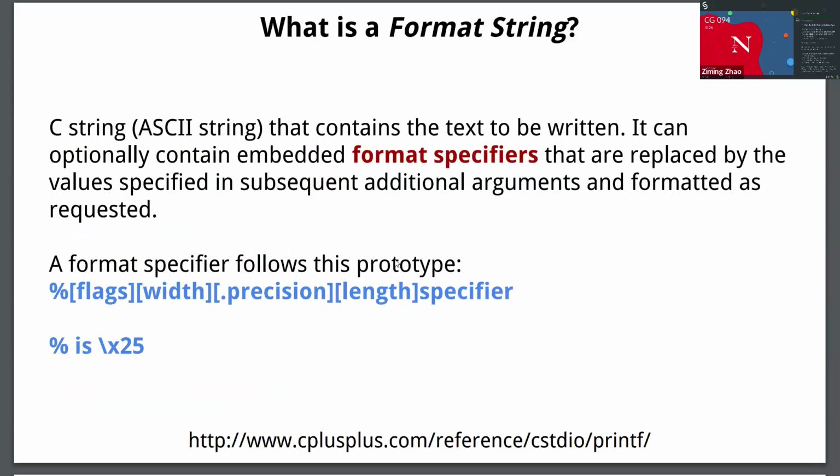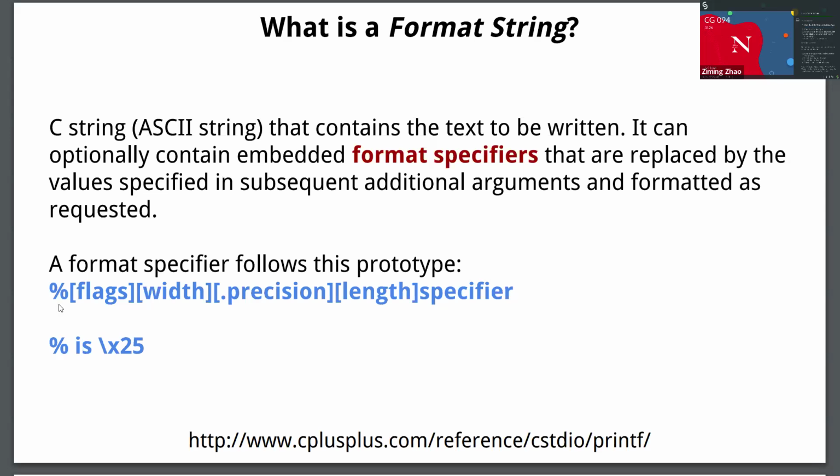So then what is a format string? This is the C programming language. A format string is a special string. Every string is just characters ended with a 0, right? So it's a C string, first of all. It can optionally contain embedded format specifiers, and those specifiers are replaced by values specified in the following arguments as the format requested. The format specifier has this prototype.